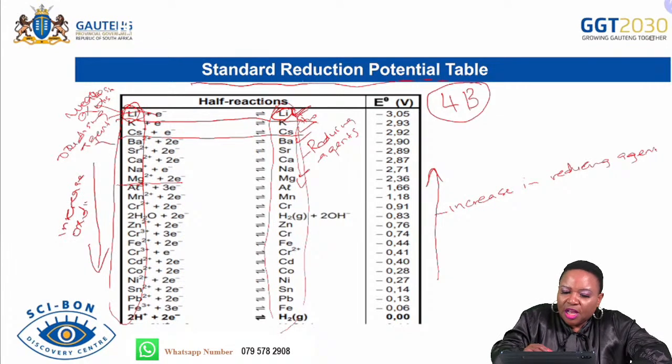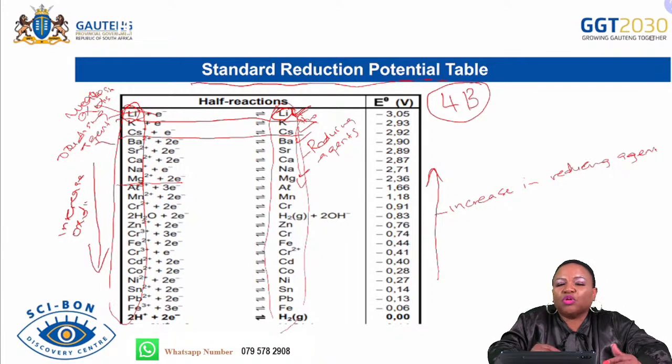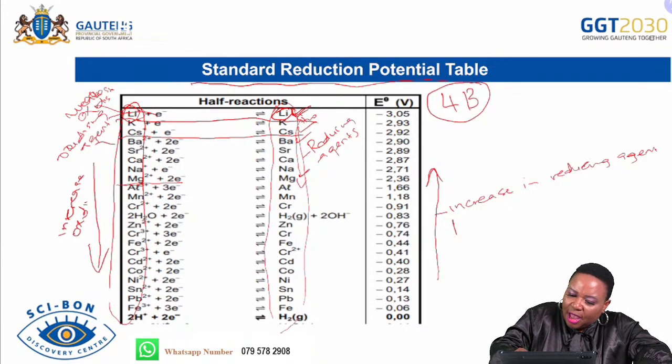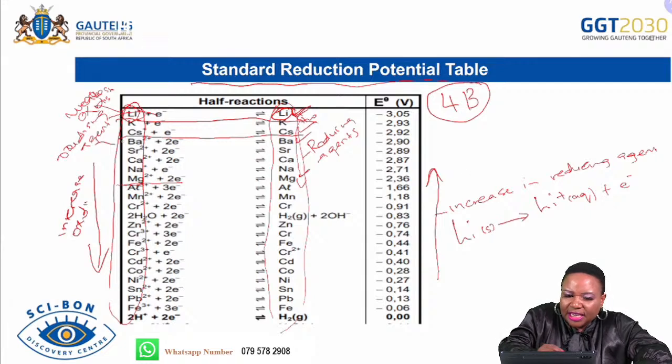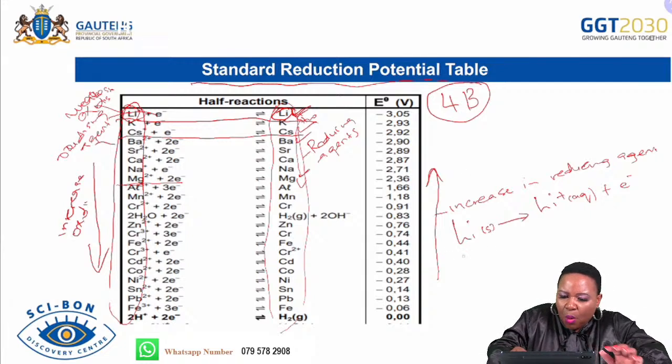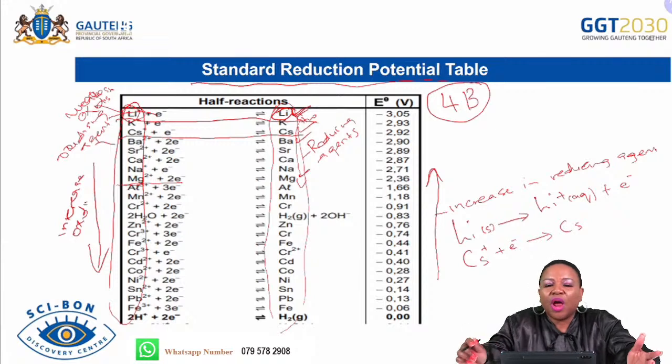Therefore, in terms of reducing ability, in terms of losing of electrons, lithium will lose electrons faster than that other one and form lithium ion, aqueous, plus electrons. But as lithium is losing electrons, our cesium ion will gain those electrons and form cesium. I'm just showing these reactions on how the oxidation and reduction are going to occur.